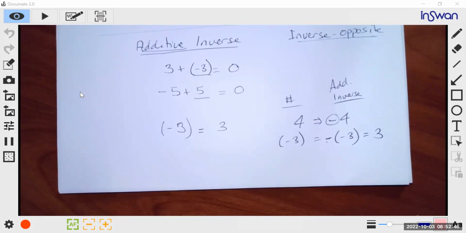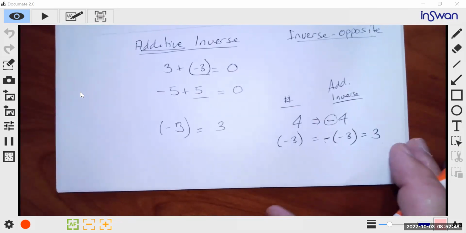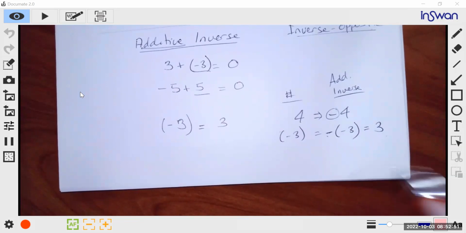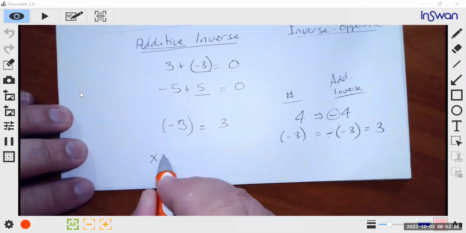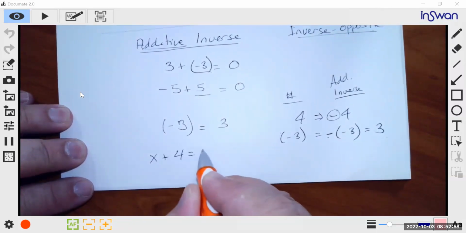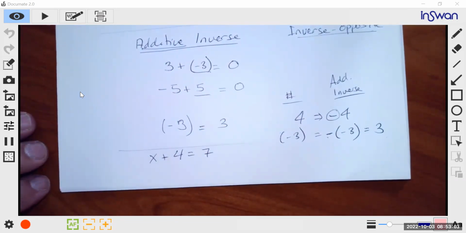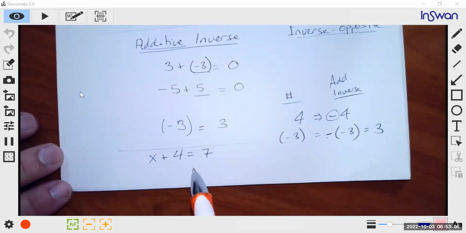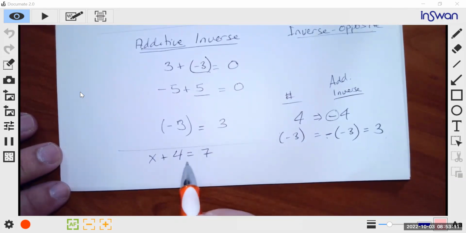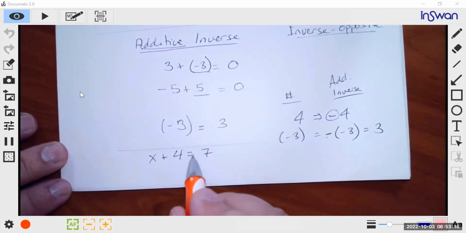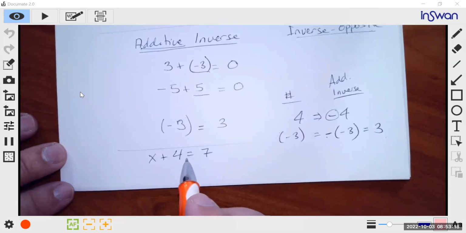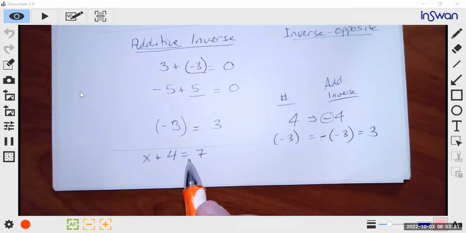So far, so good. Why? When will we use this? Why would we learn something like this? When we're solving. When we're solving, is this an expression or an equation? Equal, so it's an equation. If it has an equal sign, it's an equation. What do you do with equations? You solve.